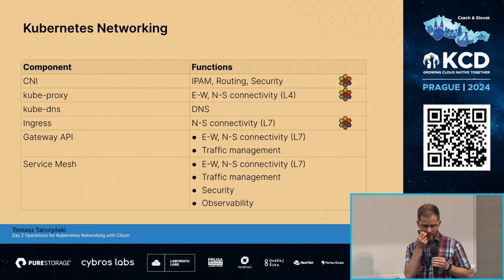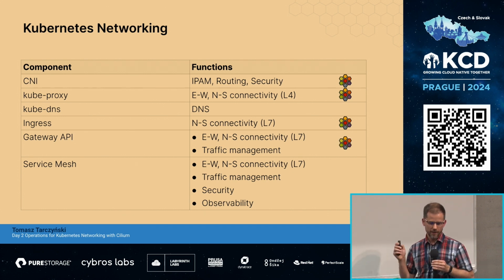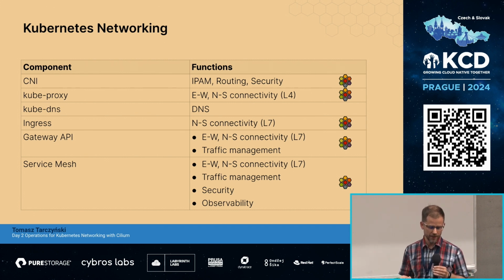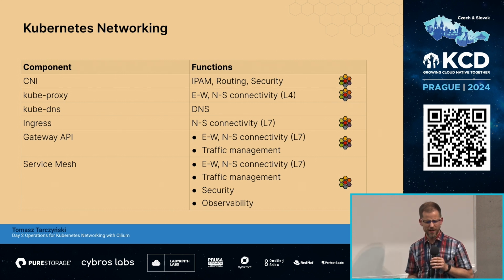If you need an ingress controller, Cilium can cover that too. Similarly for Gateway API, and similarly for most of those service mesh functionalities. But a caveat to that would be, I wouldn't recommend to start with everything at once.